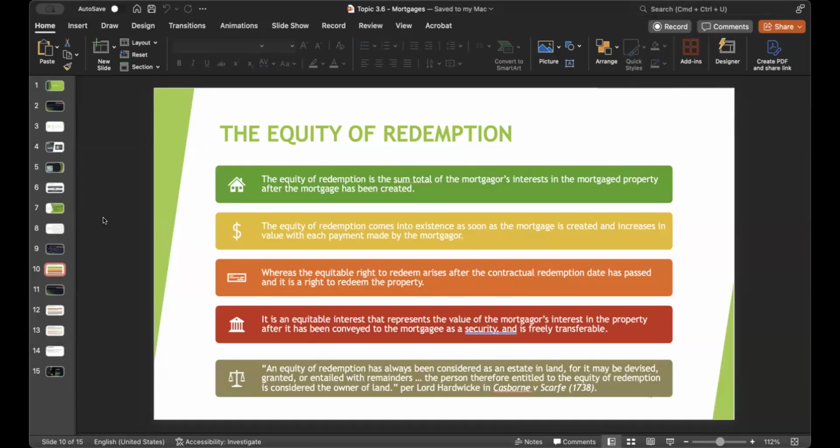It's only being used as a security in the event that you default on your payment. So it's not the financial institution's asset, it's not their car, it's not their house, it's still yours. So you could do whatever you wish to do, of course, with the mortgagee's consent, but you could do whatever you wish with the property.